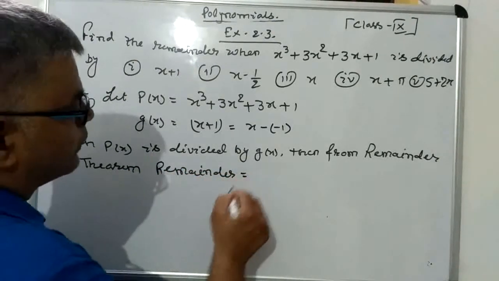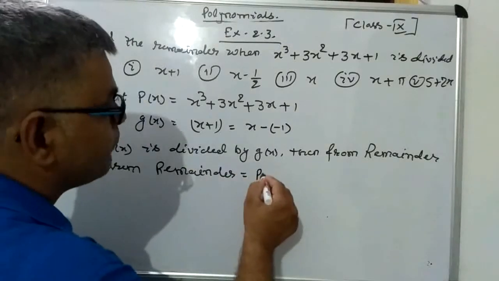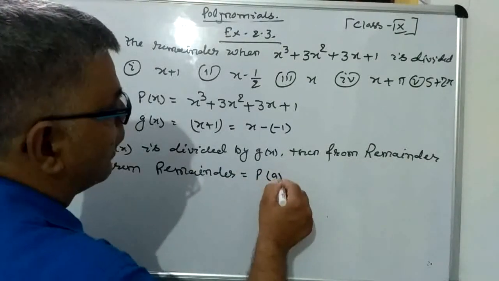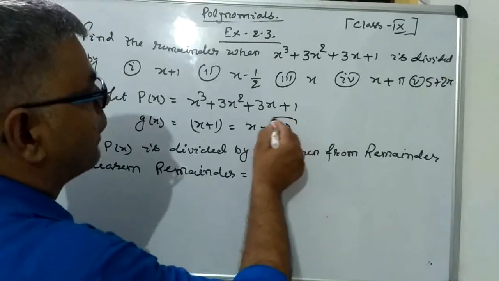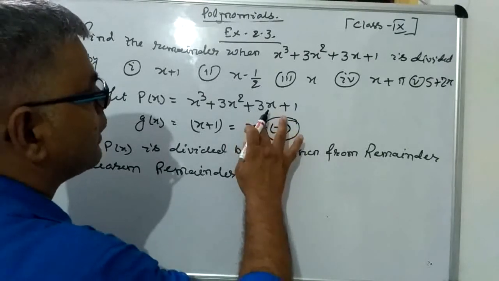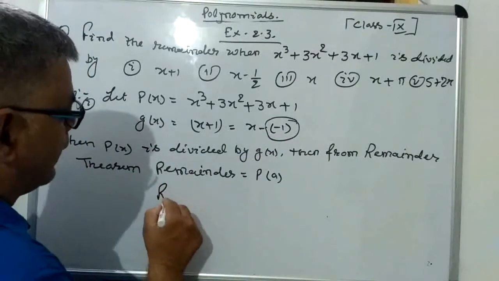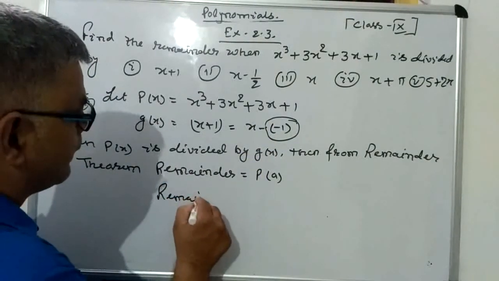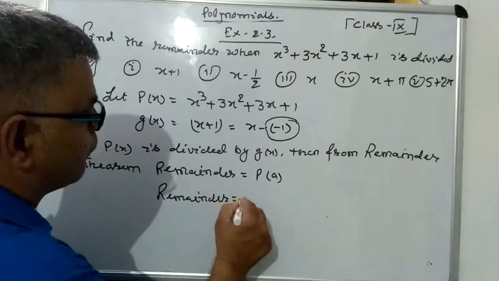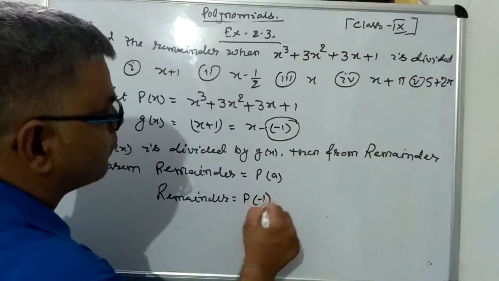Remainder will be equal to polynomial of a, and here the value of a is what? Minus 1, at the place of a. So here remainder equals to polynomial of -1.